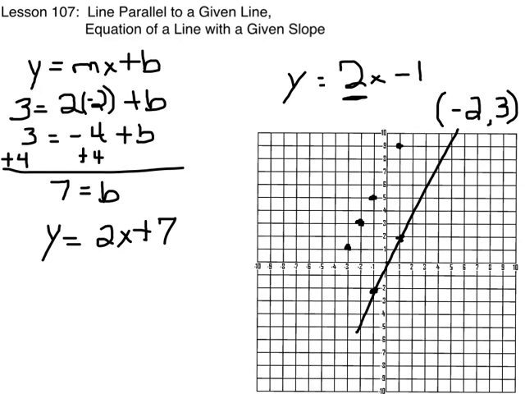And you can see that when we draw our line, connect these dots, it is a parallel line to y equals 2x minus 1. So the y-intercept is going to be different, but the slope is going to be the same.